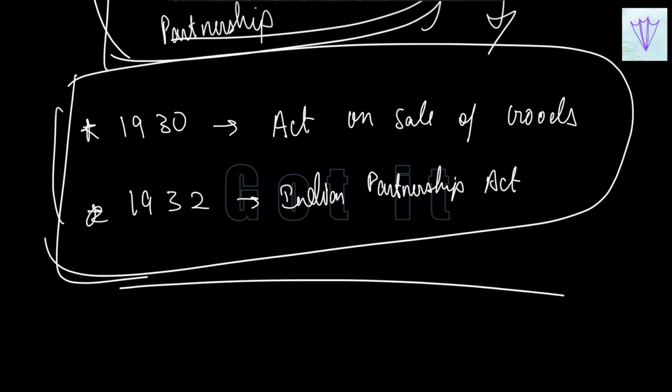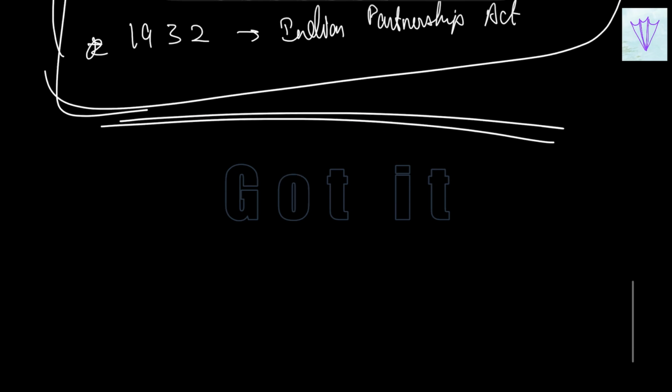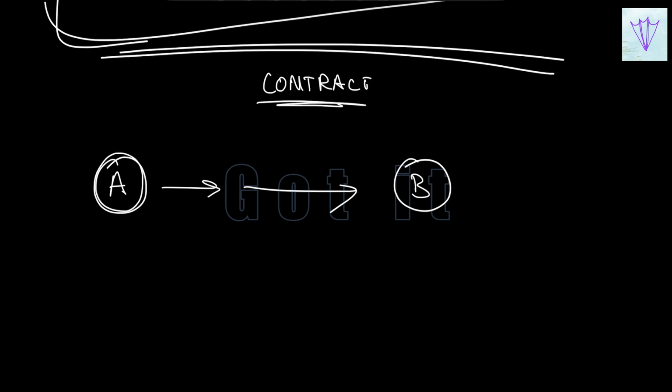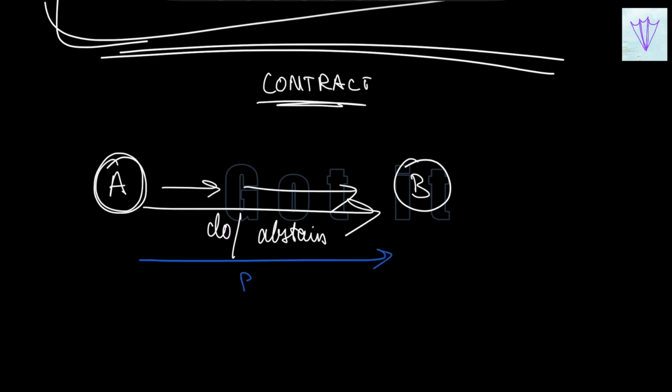Let us take a quick overview of what a contract is. Let us say A has come up with a thing which he tells to another person. When A says something to B, either to do or to abstain from doing, then whatever he has said becomes the proposal.